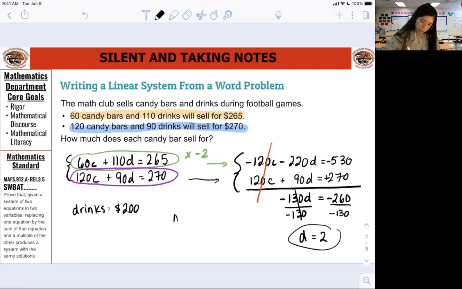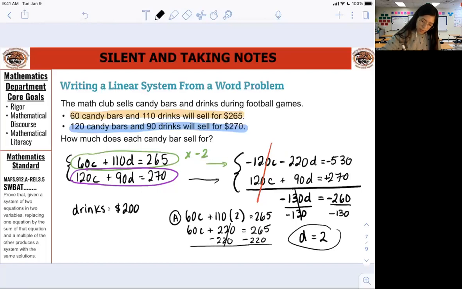So I'll plug that into A. 60C plus 220 equals 265. Subtracting 220 from both sides, what do I end up with?